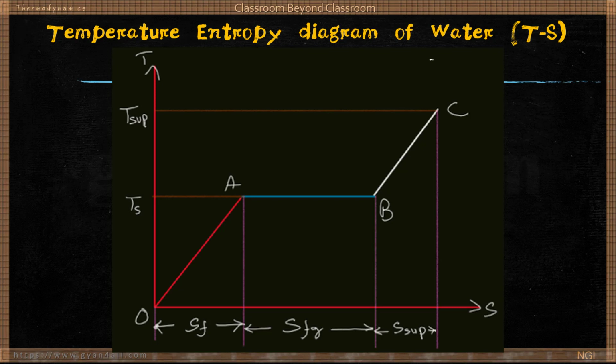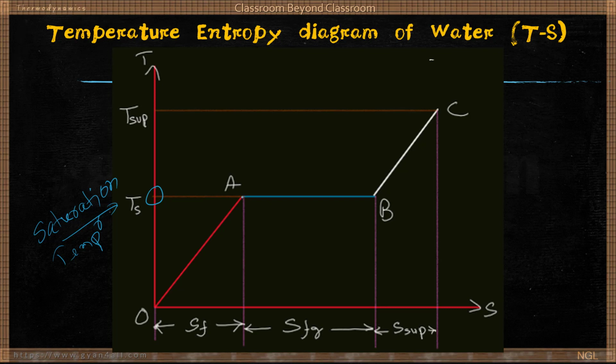Now A is the point which we call the saturation point, TS, at which the water starts boiling. That means the formation of steam begins and temperature does not increase, and that temperature is called saturation temperature.